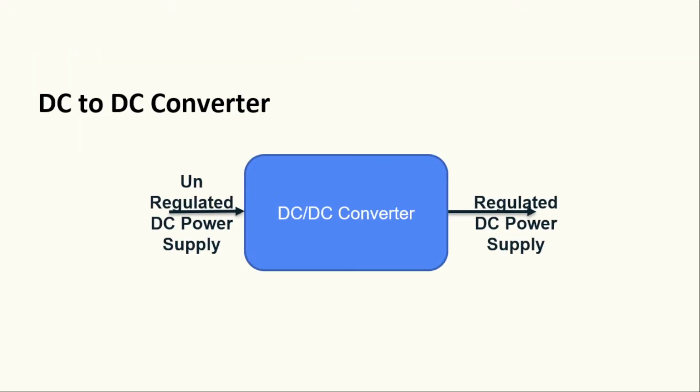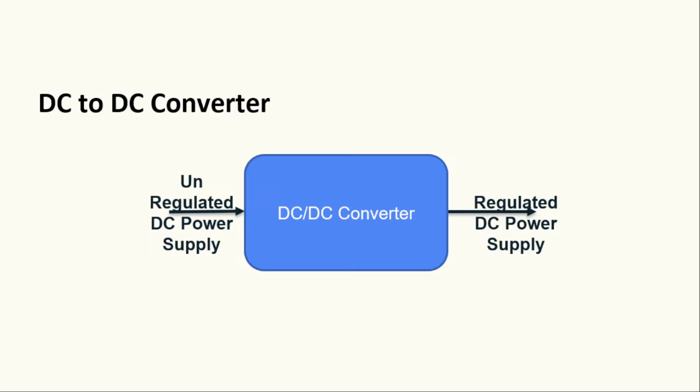So coming to the next topic, the DC to DC converter part. It's a chopper. If you want to develop that, what steps are involved and what rules we have to follow, I want to show you. A DC to DC converter takes an unregulated power and regulates it, purifying it into a regulated output.